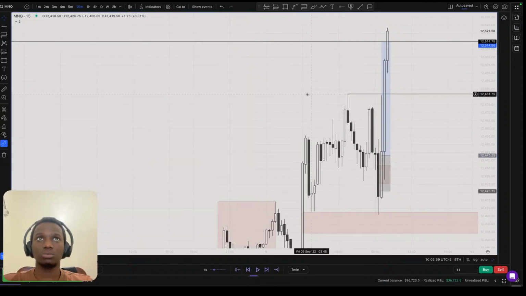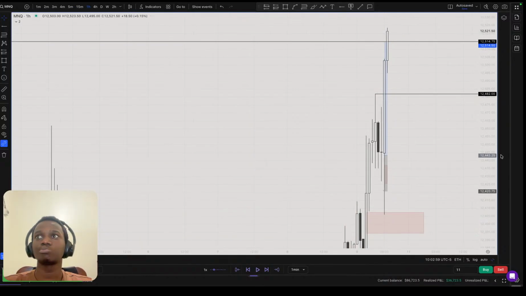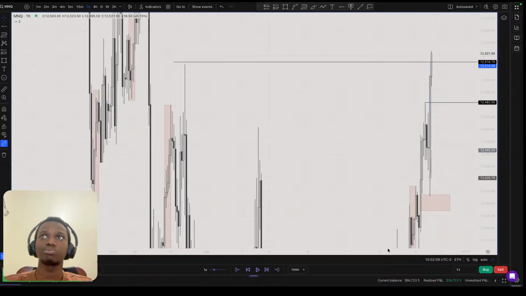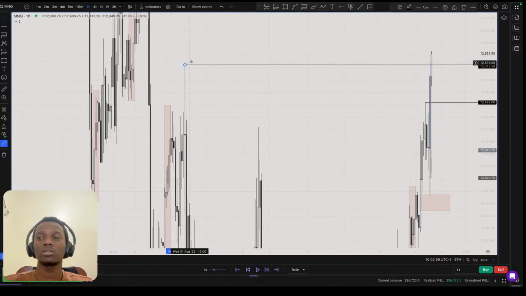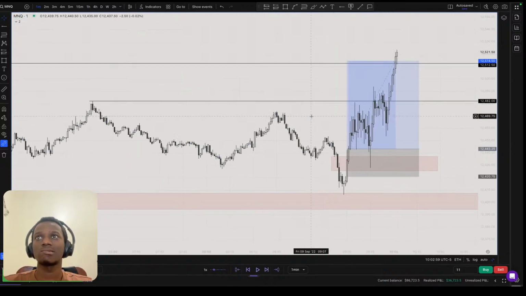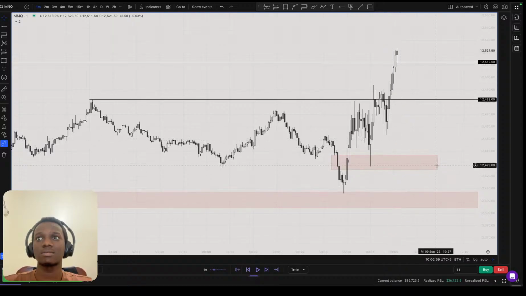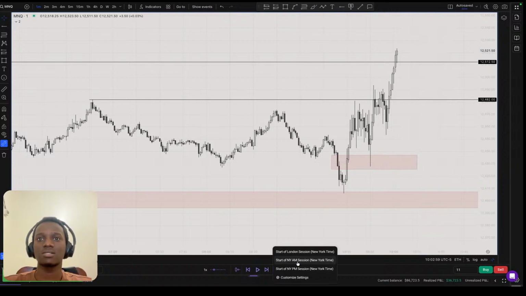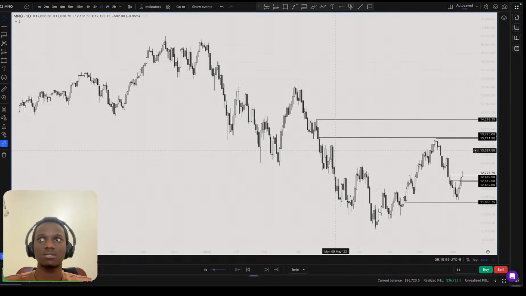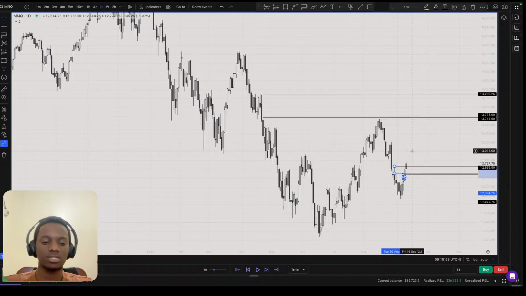Alright, so this one? So price is now in the weekly gap.